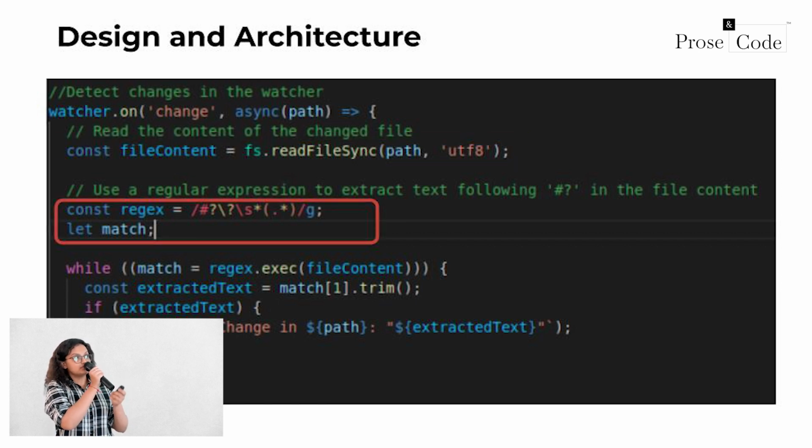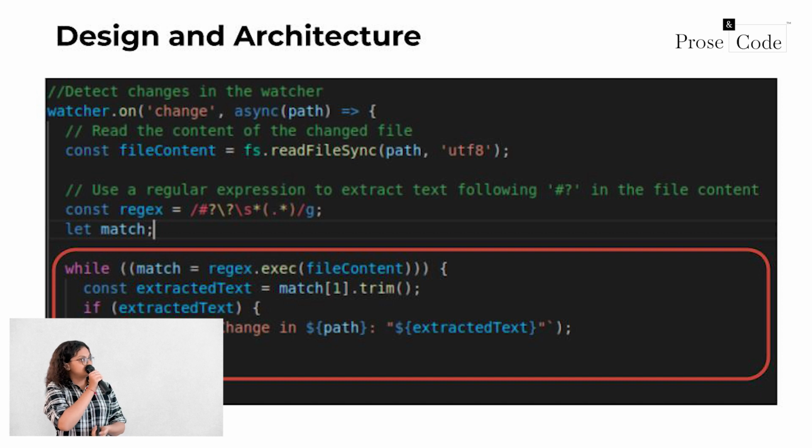Next, I am picking up whatever text I get after I add the comment hash question mark. So hash question mark is the prompt for me. Whatever comes after hash question mark should be considered as the question. That's what this does. It checks if the text is there and if the changes occur in that file, and it'll log it.